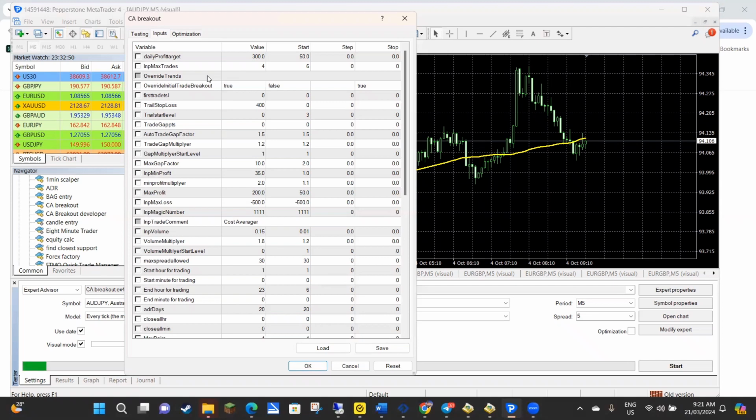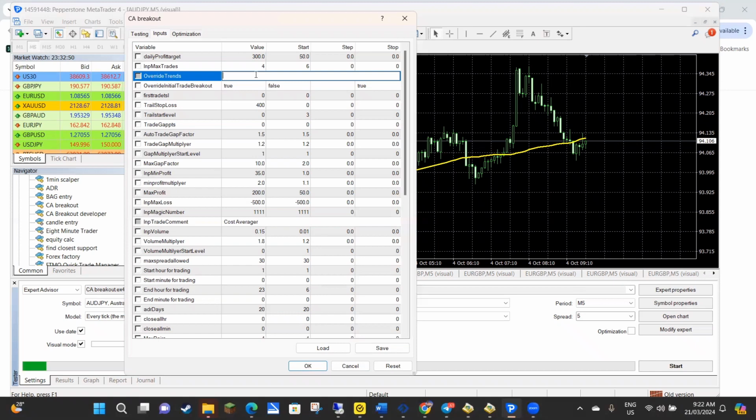Now, one of the main requirements for an initial trade to open is it needs 3 different time frame trends to line up. But if you wish to override that, let's say, what it needs is the 15-minute, the 1 hour, and the 4-hour trends to be all going the same way.